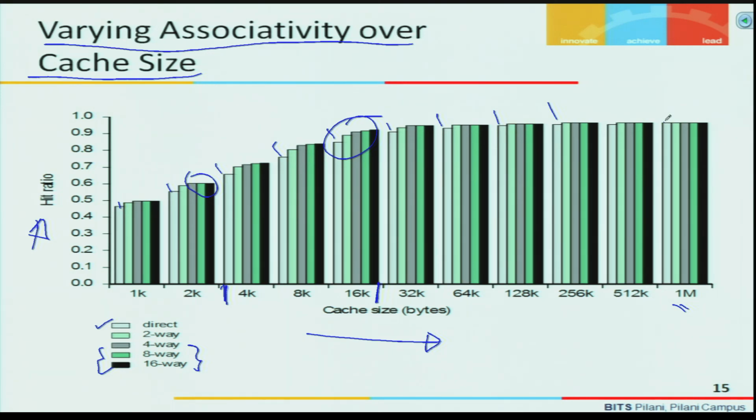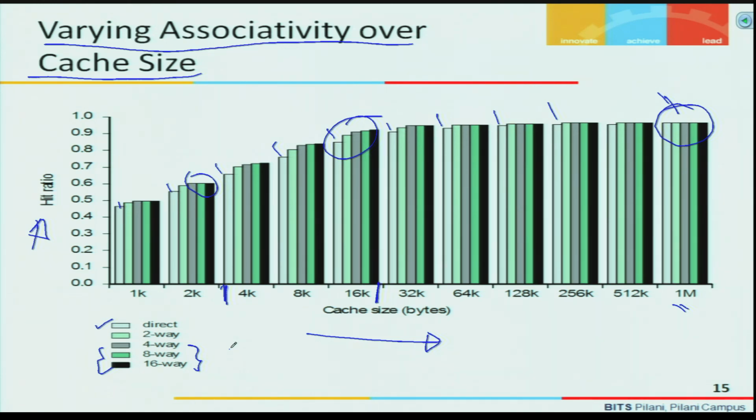And once the size is sufficient, here 1 megabyte, a huge memory compared to the earlier cache sizes, the effect of associativity on the hit ratio is negligible in comparison to 2-way, 4-way, 8-way and 16-way.